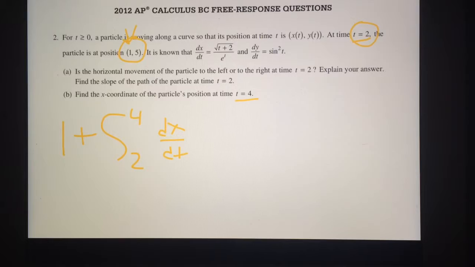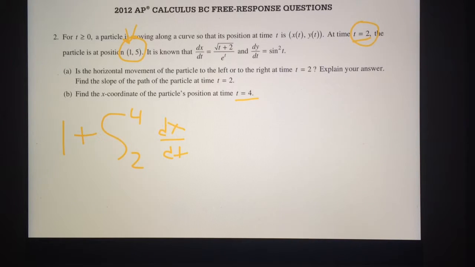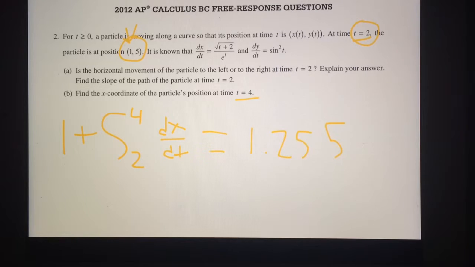We're doing 1 plus the difference between the x-coordinate at t equals 4 and t equals 2. If you plug this into your calculator, you get 1.255. That's the x-coordinate.